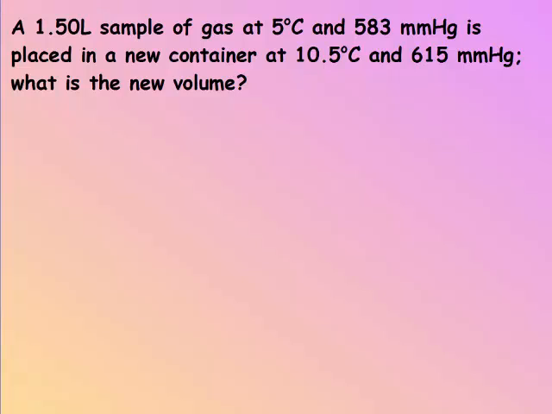Let's do one more together. So again, first we're going to label all of our variables. So we have V1, T1, T2, and P2.